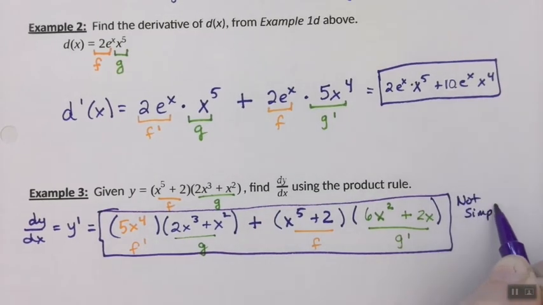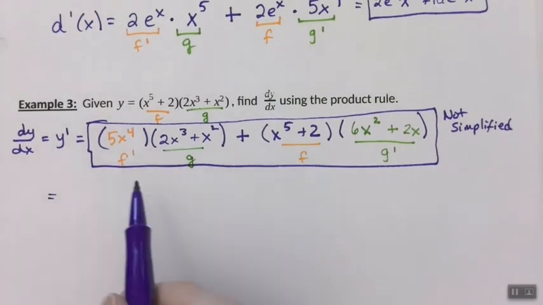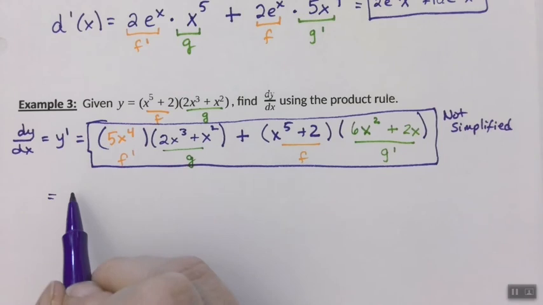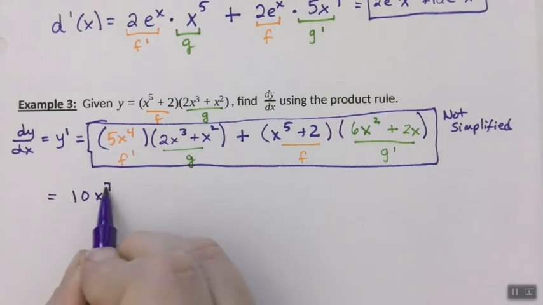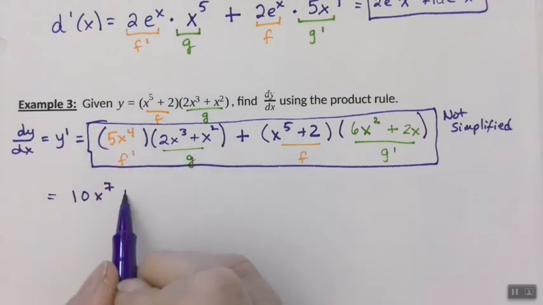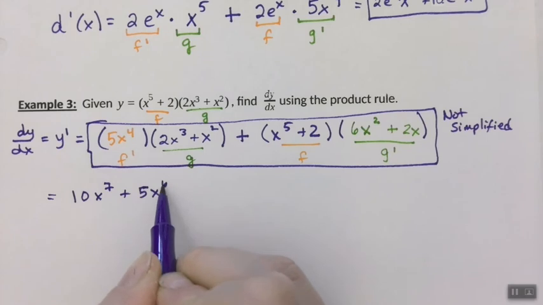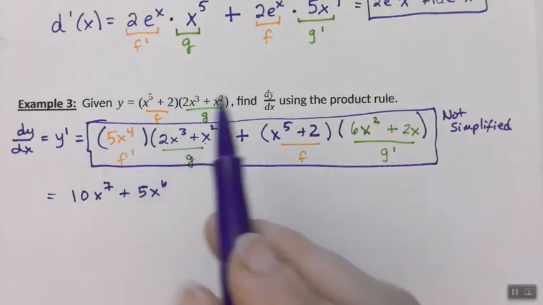Which a lot of the time I will do. So a lot of the time I just want to make sure you can apply the rule and I don't need the simplification. However, if I ask you to simplify it, that would be to multiply. So 5 times 2 is 10. x to the fourth times x to the third would be x to the seventh. 5x to the fourth times x squared would be plus 5x to the sixth. I'm distributing that 5x to the fourth times both of those terms.